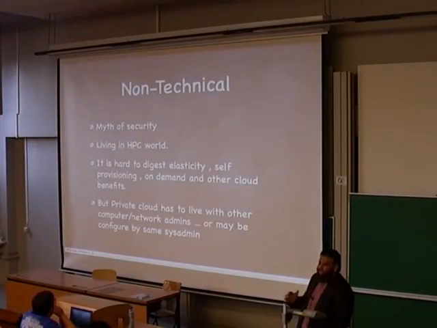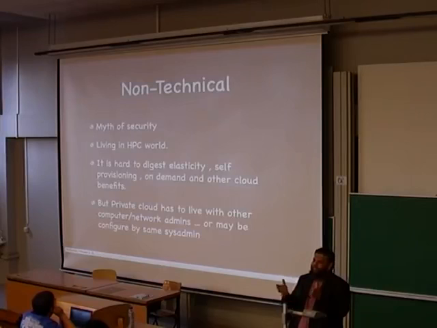It is really hard for them to digest elasticity, to tell them that you can define the parameters for when to launch more instances and cut down instances. It's hard to tell them to think in this way.